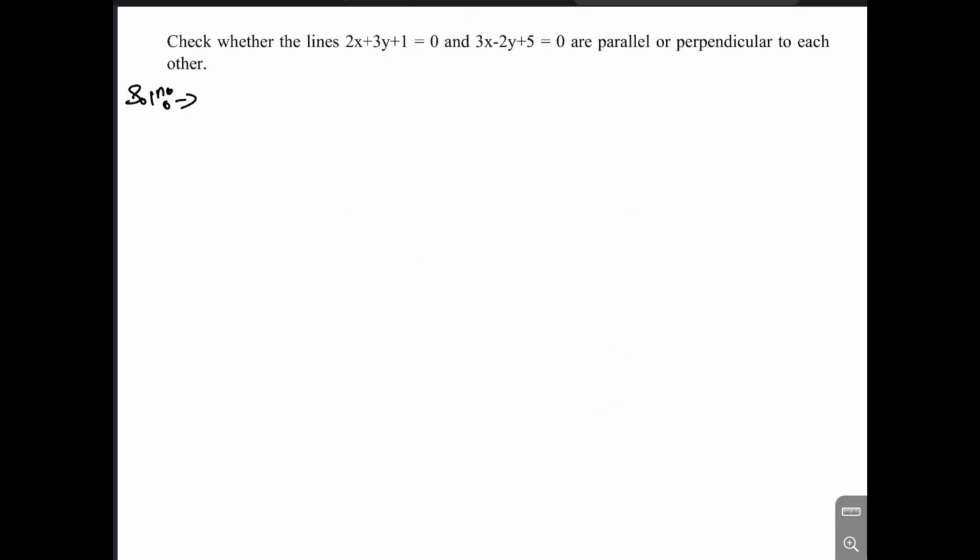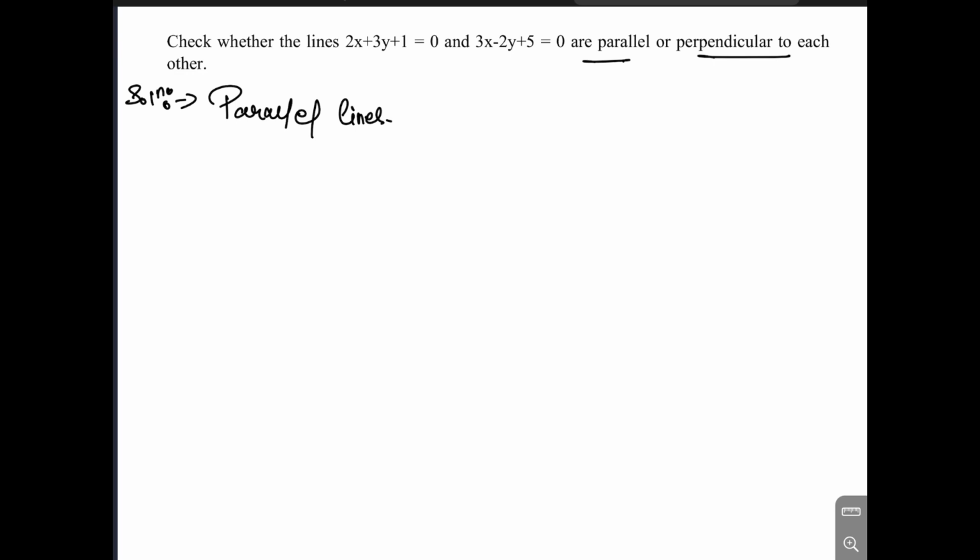So next question, check whether the lines 2x plus 3y plus 1 equals to 0 and 3x minus 2y plus 5 equals to 0 are parallel or perpendicular to each other. So in this question we need to check whether the given lines are parallel with each other or perpendicular with each other. Now let's try to understand parallel lines.